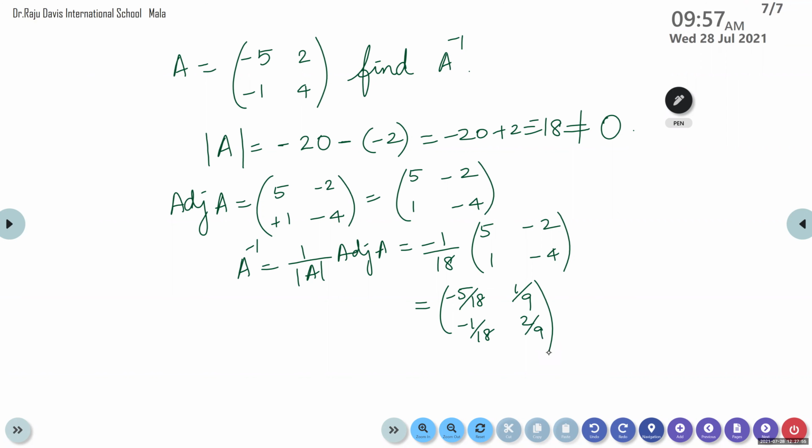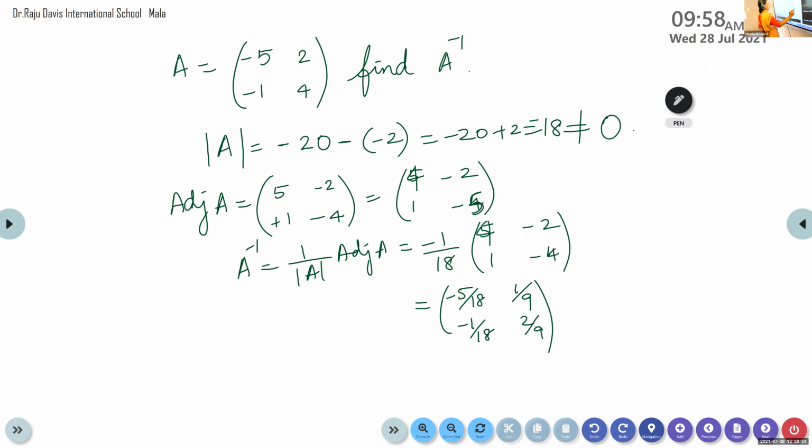Ma'am, I didn't reach there. Okay. Is the method okay for you? Is it clear? Yes, ma'am. Ma'am, in adjoint shouldn't we interchange the principal diagonal? In adjoint we interchange. Here we interchanged. Okay. Here it is okay. We want to interchange. Here it is minus 5.